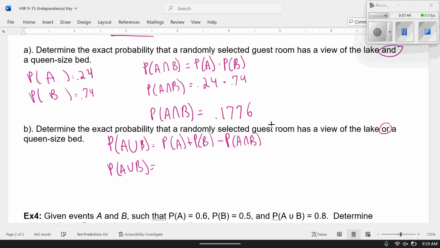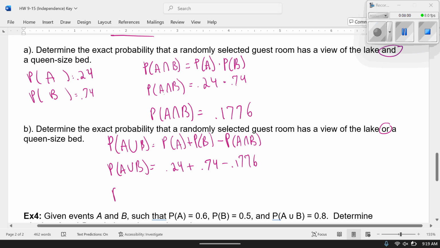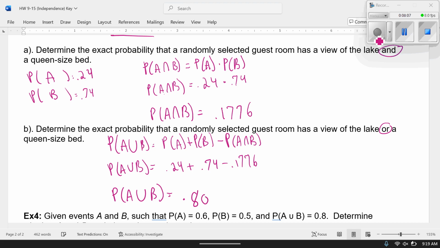You know A is 0.24, B is 0.74, and A and B is 0.1776. You end up with the probability of A or B equals 0.8024. They did not ask you to round. Don't do it.